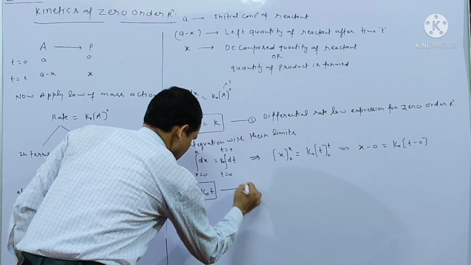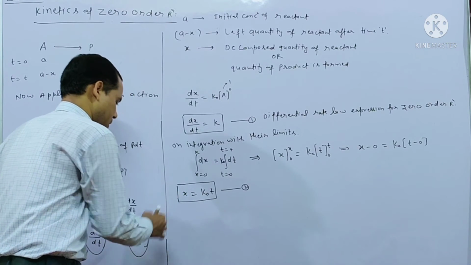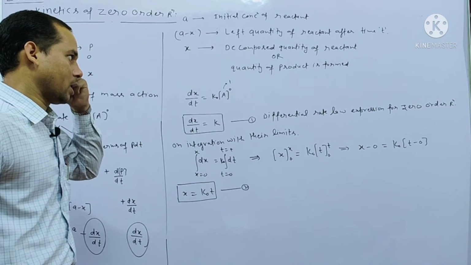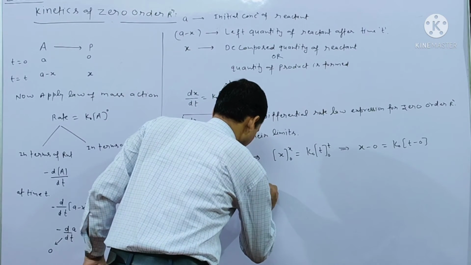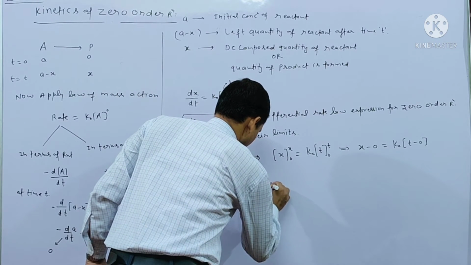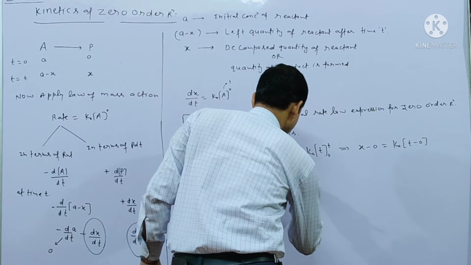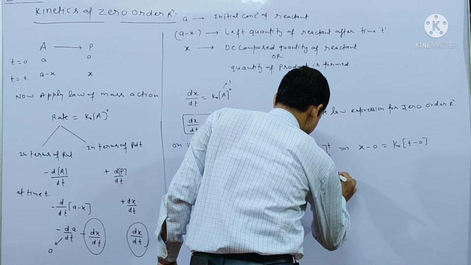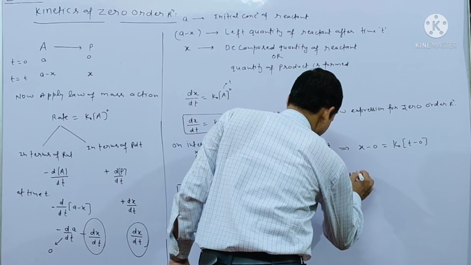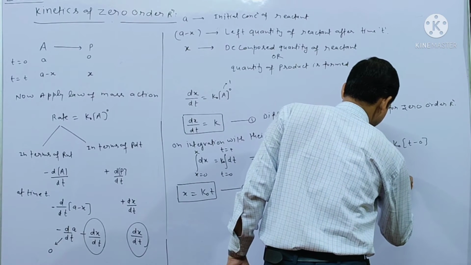This is equation number 2. This is the integrated rate law expression for zero order reaction.